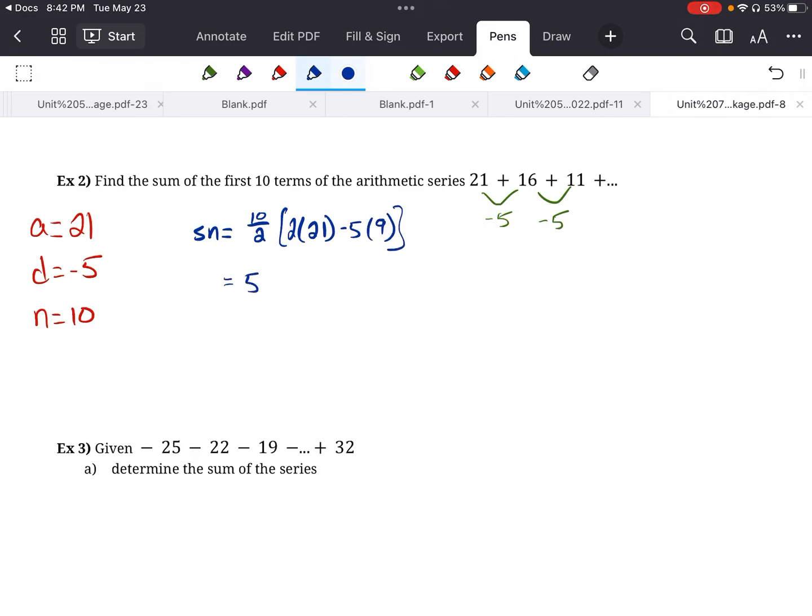So we have 5 times 42 minus 45. We have 5 times -3. So -15. So the sum of this sequence with 10 terms would be -15.